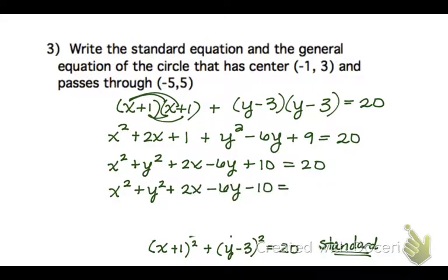So all we did was some algebraic manipulations, multiplied that out, looked for like terms, and made sure it was in descending order with the variables, and then made sure it was equal to 0. So that would be the general form. So the graph's the exact same circle, we're just writing it in a different way.